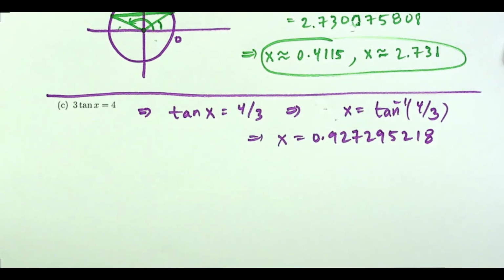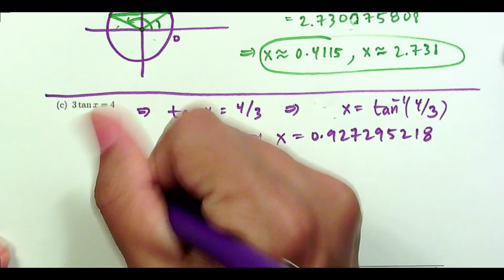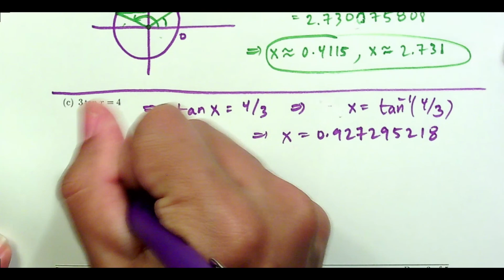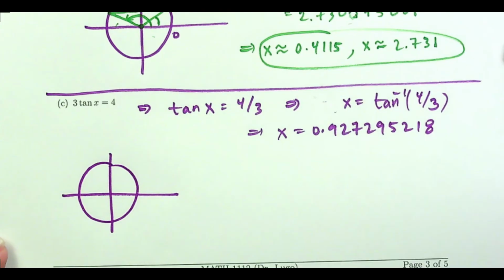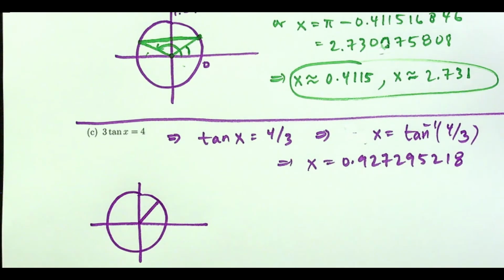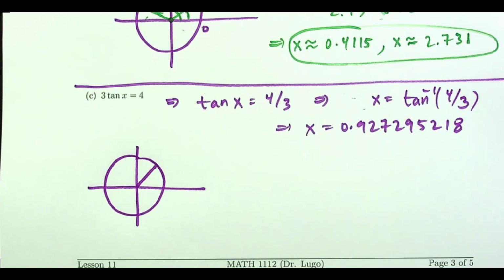Before rounding. The second solution is going to be, well, you see, tangent is neither the x coordinate nor the y coordinate when you draw the angle on the unit circle, and this one is again between 0 and 1.57. So first quadrant. The tangent is the quotient, tangent is sine over cosine, so it's actually the division.